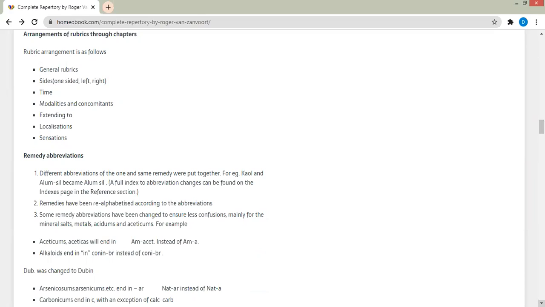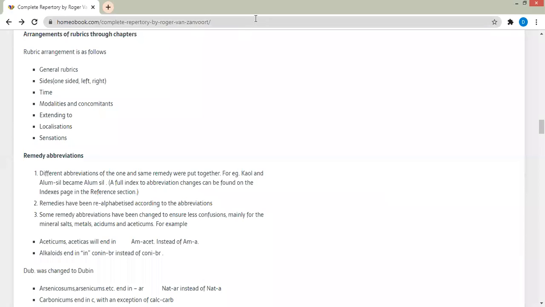General rubrics are given first, and in front of the general rubric a group of remedies is given. Then side, time, modality and concomitant, extension, location and sensation. The arrangement is similar, but we find it in more detail in this repertory.